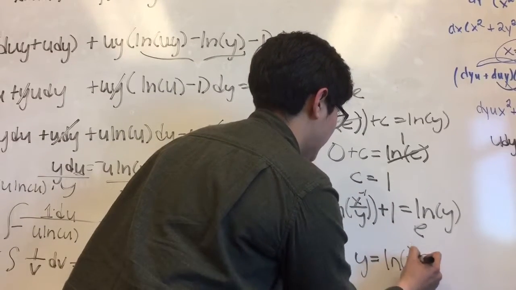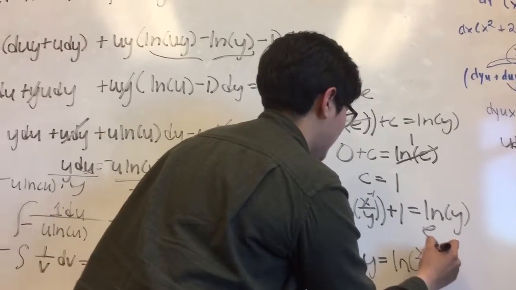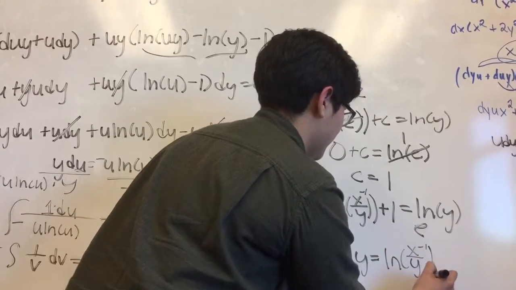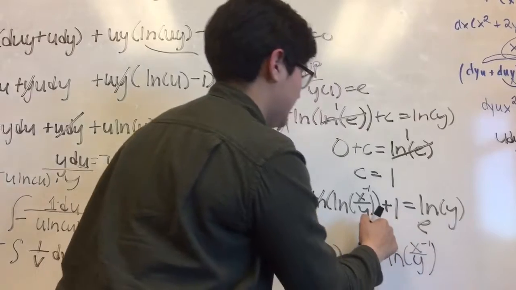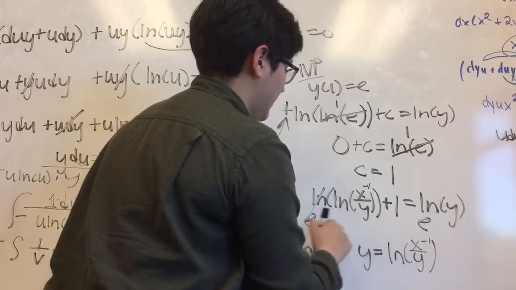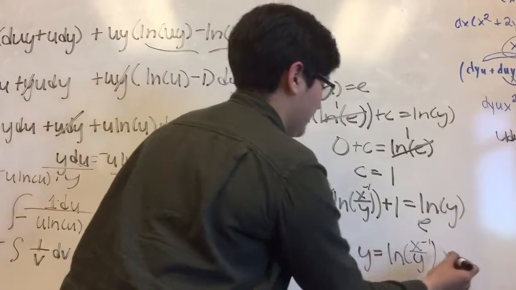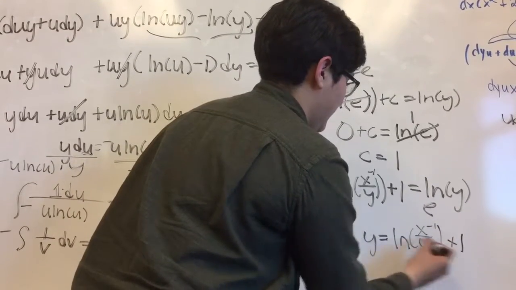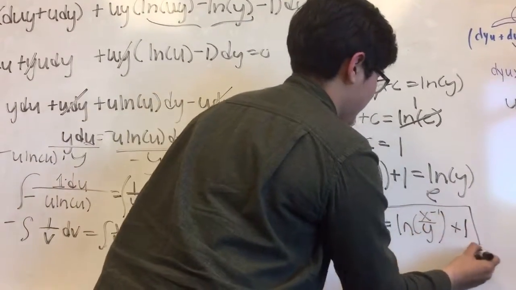Ln of x over y to the negative 1. And then this is plus 1. And this is your final answer.